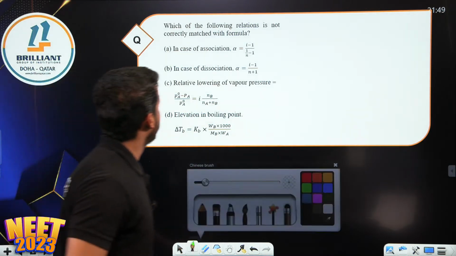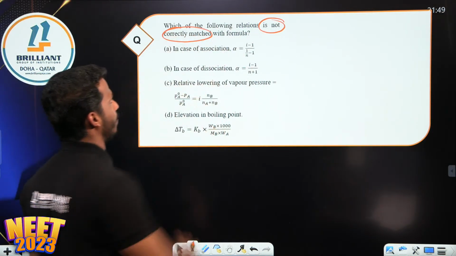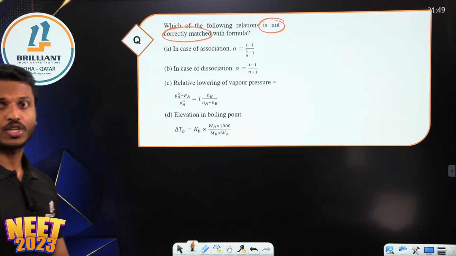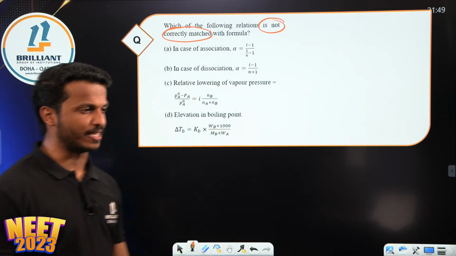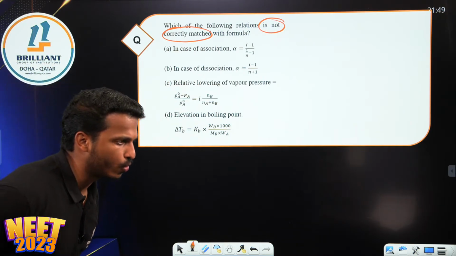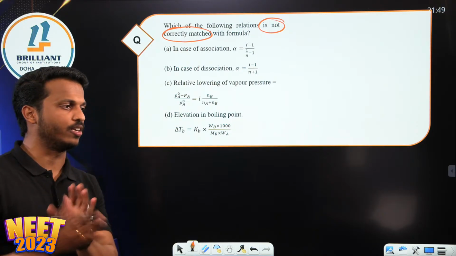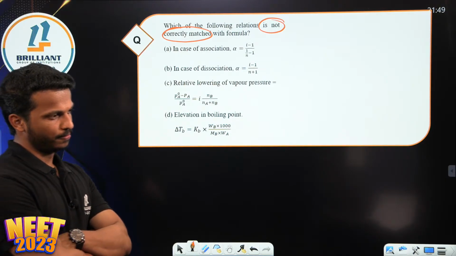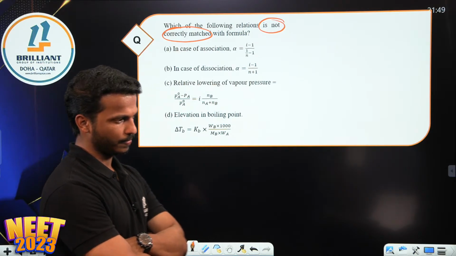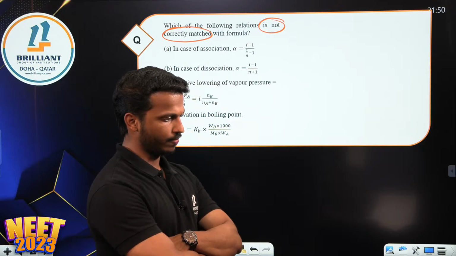Next one. Which of the following relations is not correctly matched? Tell me, what is the answer? Go through the options one by one. Which expression is incorrect? Which statement is incorrect?